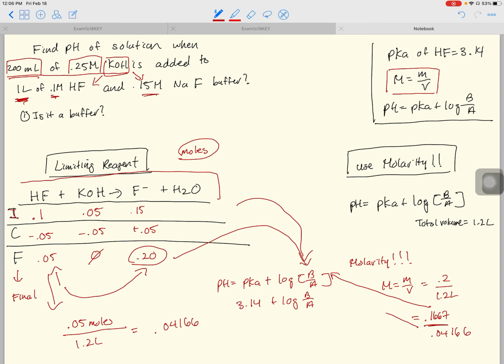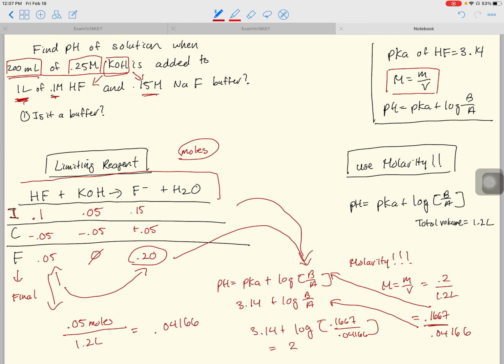And so if I plug in this number right here, I should get 3.14 plus log of 0.1667 over 0.04166. And let's see what my calculator says. 3.14 plus 0.6.